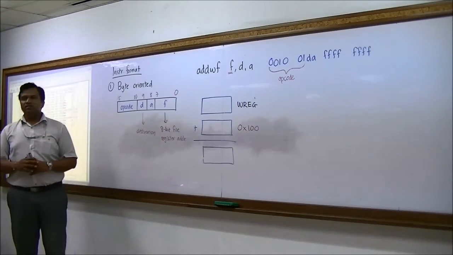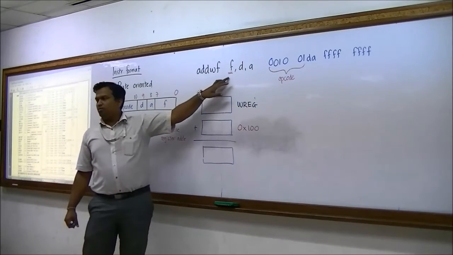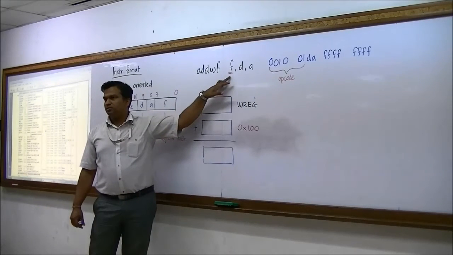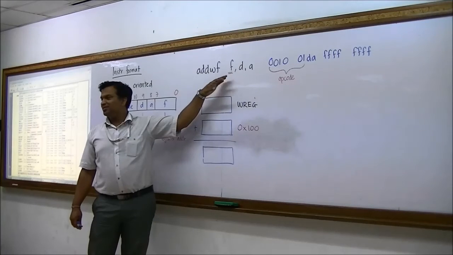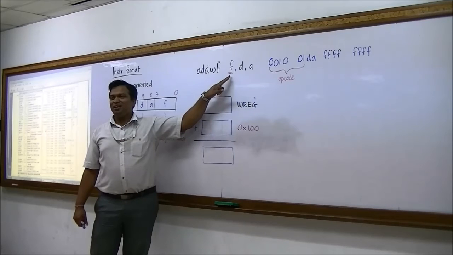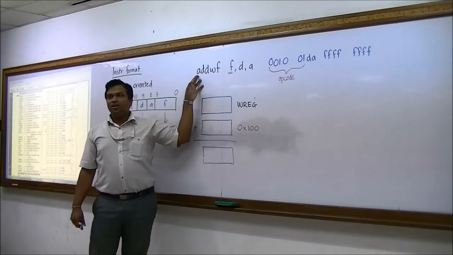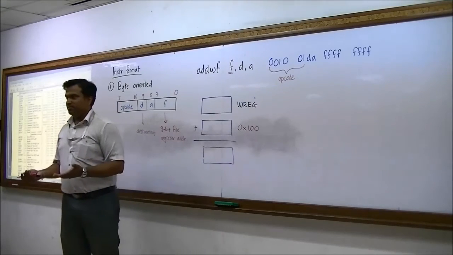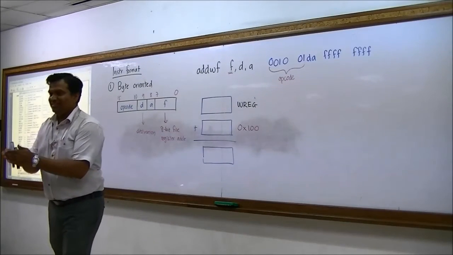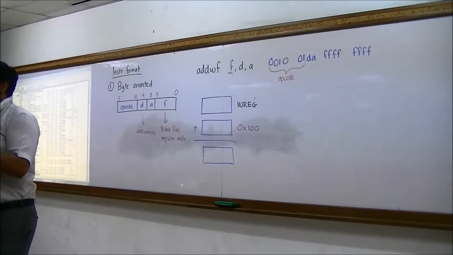But then do you notice the problem? Can you follow why we put the address here? Do you understand why we need to supply the address here? When you want to perform addition between two file registers, where are these two file registers located?